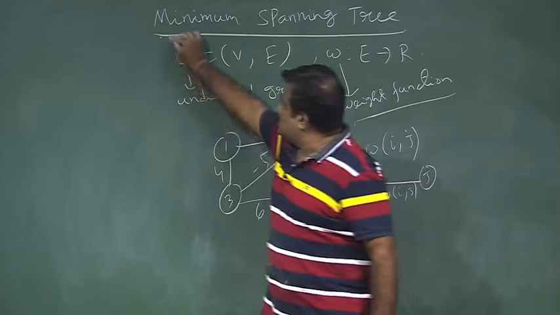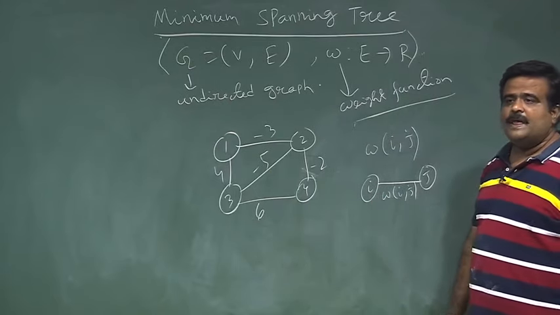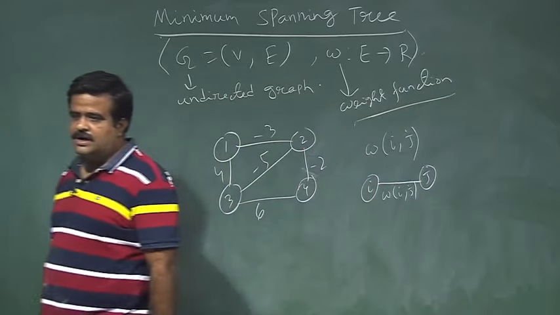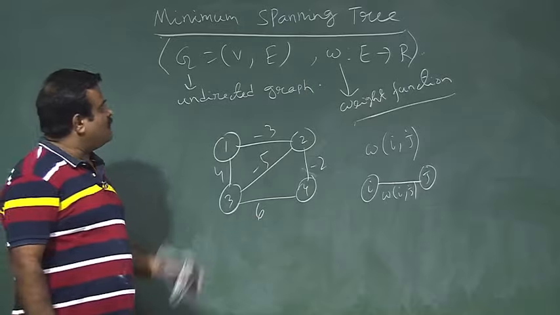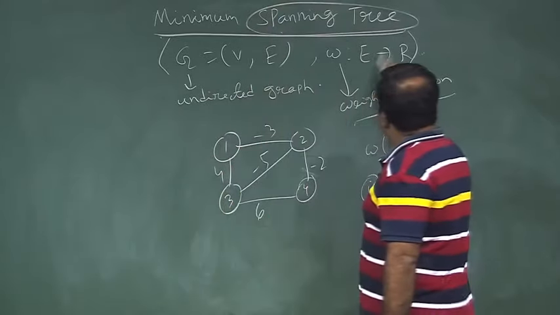So, these three are the input of a minimum spanning tree problem, and we have to find a minimum spanning tree. Basically we need to find a spanning tree of minimum weight. So, what do we mean by spanning tree? It is a subgraph, and it is a tree.